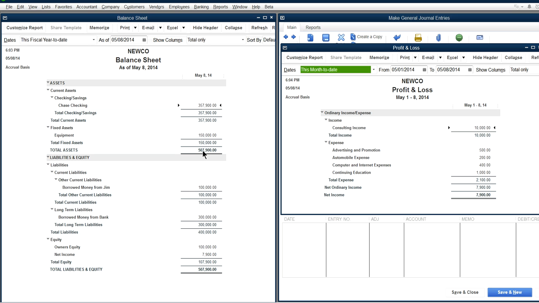So total asset 507,900, total liabilities 507,900. So it does balance. So that's how you build your balance sheet, and that's how your income statement is entering all the income and expenses here.